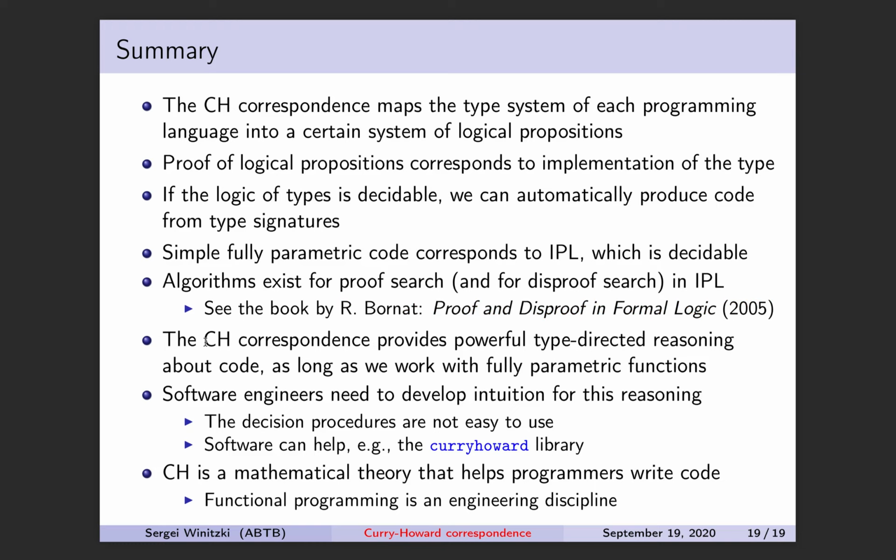I would like to conclude by saying that the type-directed reasoning that works with fully parametric functions is a very powerful kind of reasoning about code. This reasoning helps write code. It guides writing code.